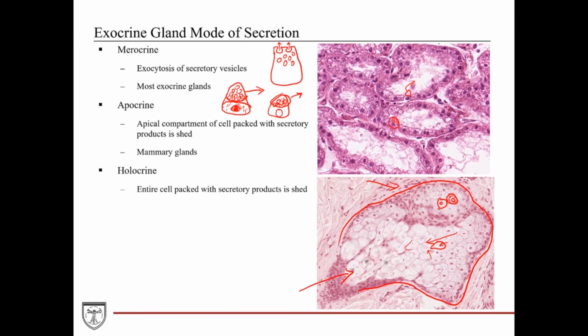So here are some cells with a fragment of dead nucleus, and some cells actually entirely without any nuclei. And these are the dead cells packed full of lipid vesicles that are now being released into the duct. So that's holocrine secretion, and this happens in the sebaceous glands. So these are the three modes of secretion in the exocrine glands.